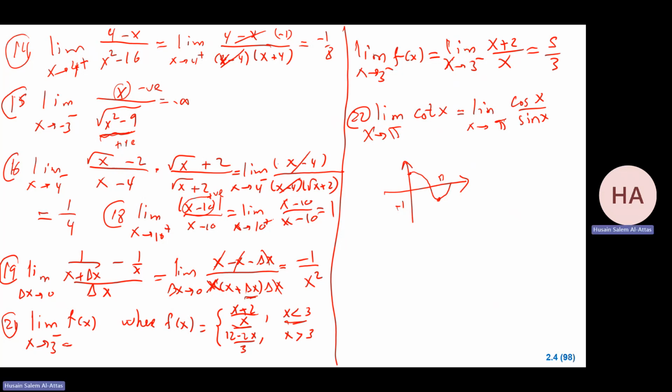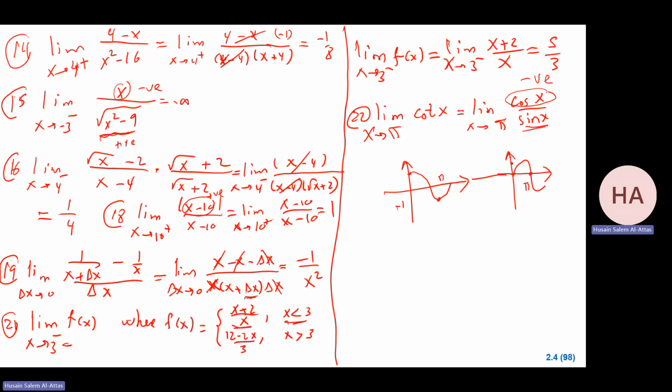So if it goes to pi from right or left, this is always negative. And this will be 0. But as for cosine, for sine, this goes to 0 from... no, sine is this one. This is pi.